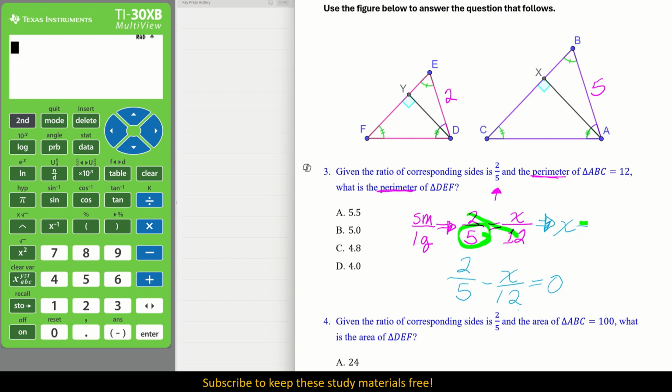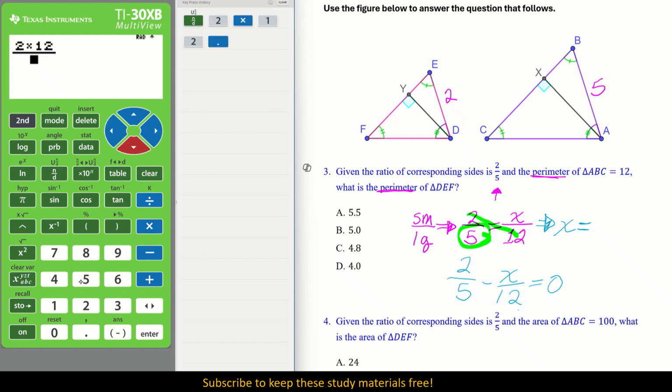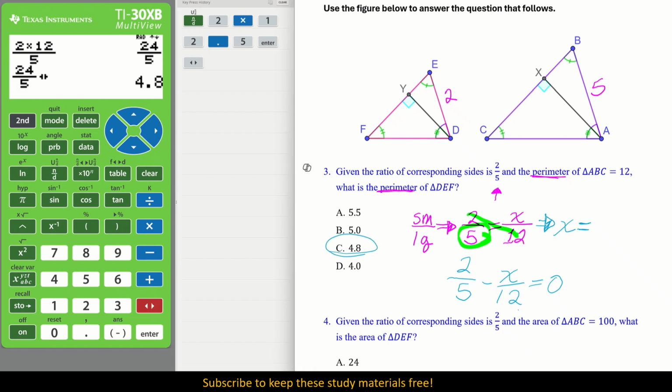Okay, so first let's use our fraction and do the first one. Okay, that is multiplying. That's my highlighted. 2 times the 12 and divide by the 5. Let's push enter and then toggle. Okay, and that gives us option C, a 4.8.